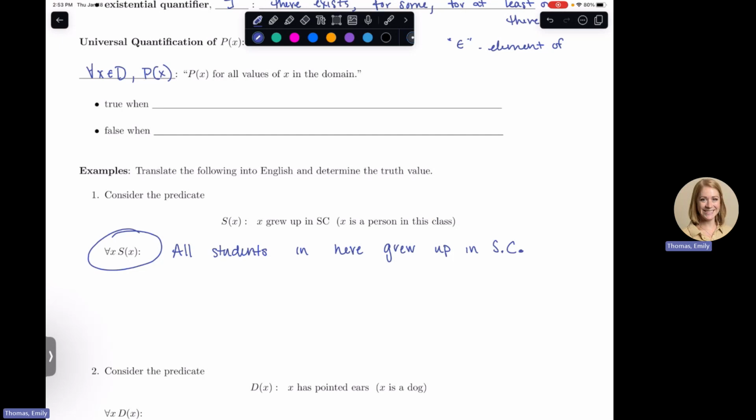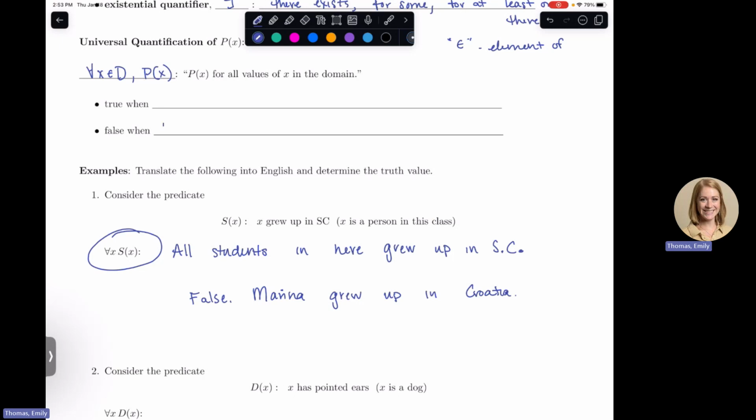How do I know that this is a false statement? All right, we're going to use Marina. Because I knew for certain Marina did not grow up in South Carolina. This is false. Marina grew up in Croatia. So help me fill in that blank. It's false when... is Marina the only example I needed to say that this was false?